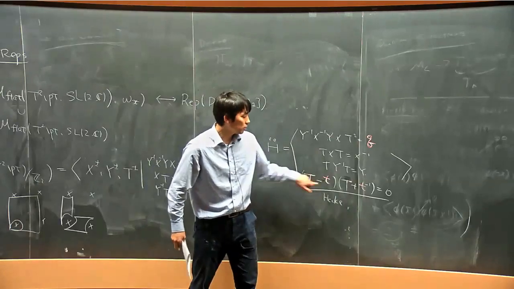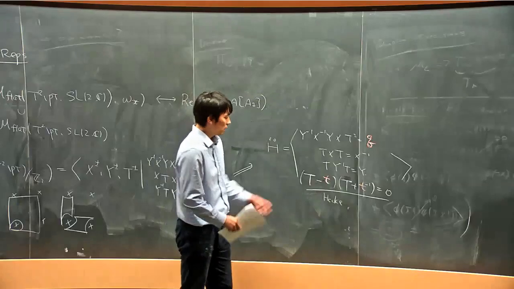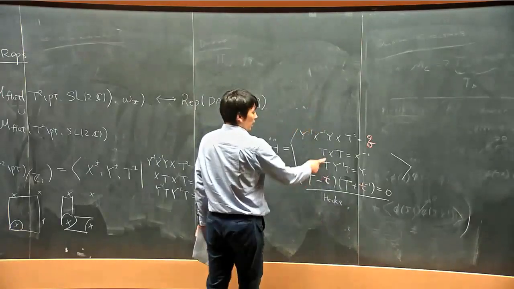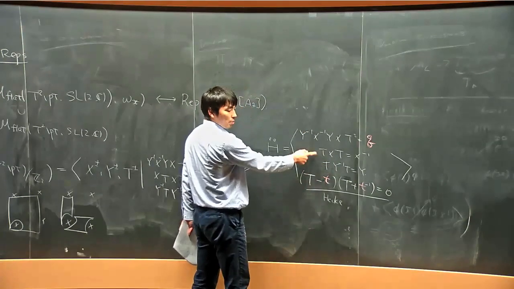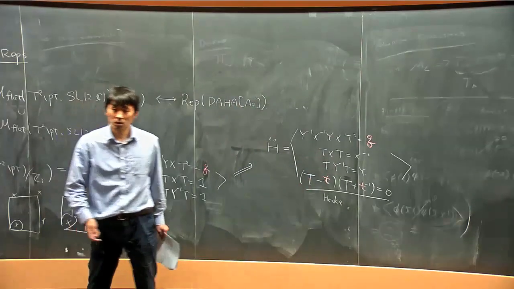Once you take the t equal to 1 limit, this reduces to capital T squared equal to 1, so therefore it's just the Weyl group, and the Hecke algebra is a deformation. X and Y will give you affinization, and you have two copies of affinization, that's why it's called the double affine Hecke algebra.